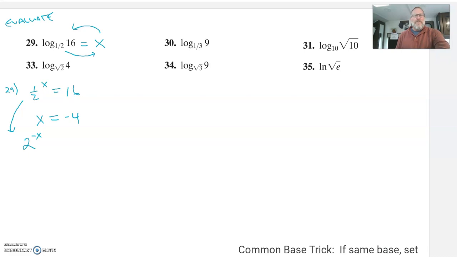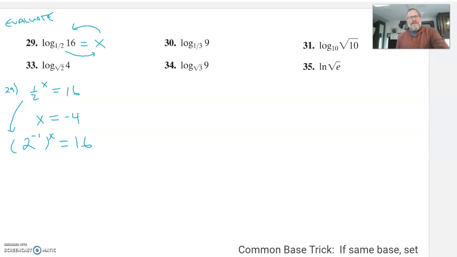If you remember the rules of negatives, then the negative exponent flips it, and then it's 1/2 to the x, which is the same idea. Another way to look at that is you could say 1/2 is 2 to the -1, and we are asking what exponent takes it to 16. That's another way to look at it.